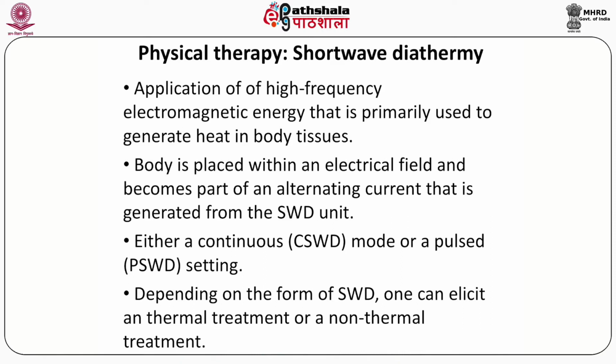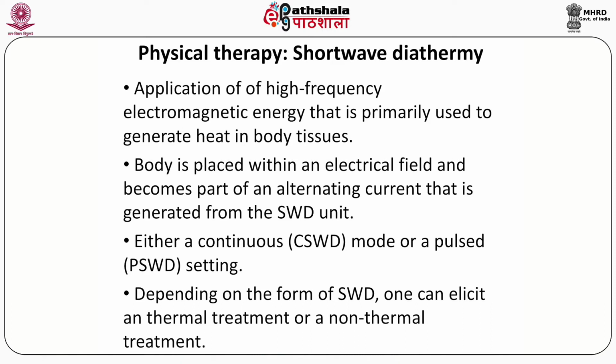This is the application of high frequency electromagnetic energy that is primarily used to generate heat in body tissues. The body is placed within the electrical field and thus the body becomes a part of this alternating current that is generated from the shortwave diathermy unit.